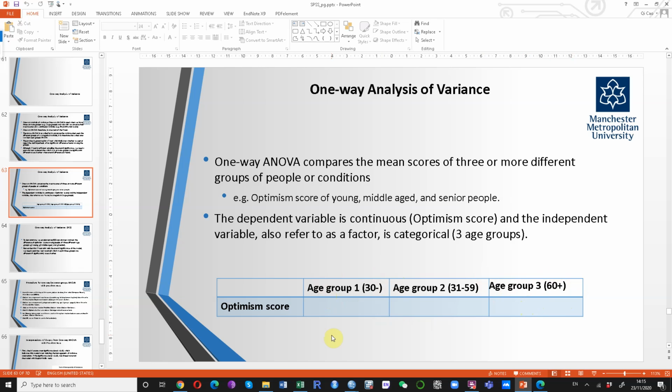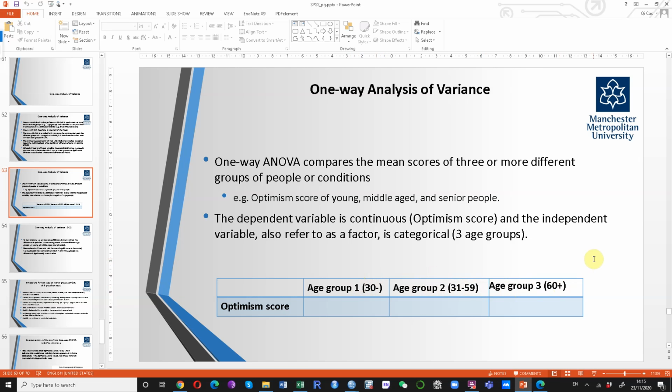So the problem here is that if you have a significant test result, the difference might exist between group 1 and group 2, or group 2 and group 3, or among all these groups, that is 1 and 2, 2 and 3, and 1 and 3. And that is the case if you have 3 categories.